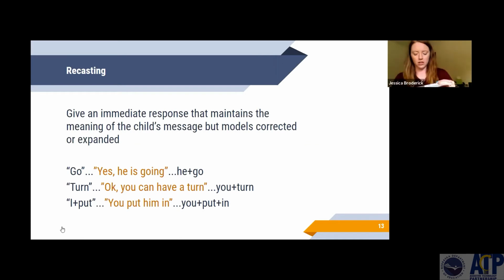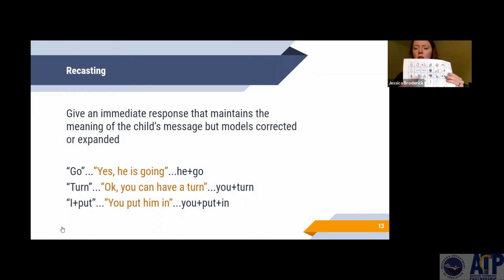And if that child has communicated to me, turn, which is this green circle right here, I might say, oh, yeah, you can have a turn. And what I'm modeling is you turn. So this is what it looks like. Oh, yeah, you can have a turn. And then a few seconds later, I can model, oh, can I have a turn?